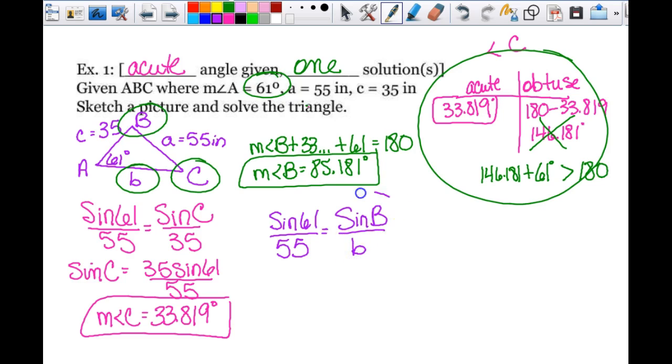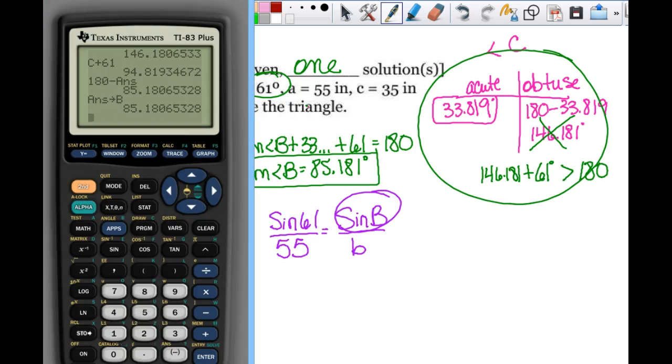But I'm writing it like this because I'm literally in my calculator going to use the sine of B. And I'm going to circle it to remind myself I already have it. That's just something I'm doing in my calculator. Because here's the danger. If you write the sine of 85.181, you're likely to use that. And you might get the right answer to 3 decimal places, but you might not, and you don't want to risk that. Okay, so always use your short answer. So now I'm just going to go ahead and cross multiply. So that's going to give me 55 times the sine of b.